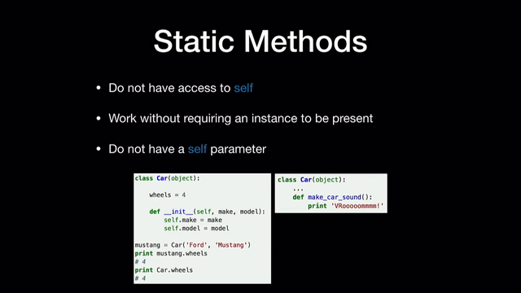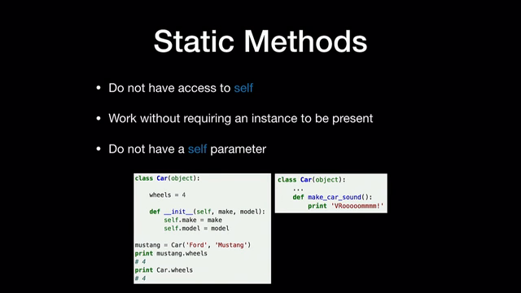Now let's look at the example on the right. Assume we have all the same code as on the left, but now we define this method called makeCarSound. As you can see here, the makeCarSound function does not have self as an argument. So A, it cannot access any of the data inside of this class. It cannot modify any of the data inside this class, and you can use this function outside of the class without having an instance.